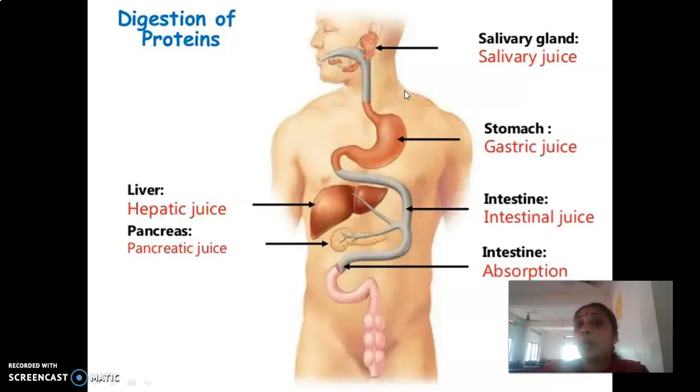Again, pepsin is an endopeptidase, so it can act deep within the molecule. Pepsin can also catalyze the coagulation of milk. The protein present in milk is casein.